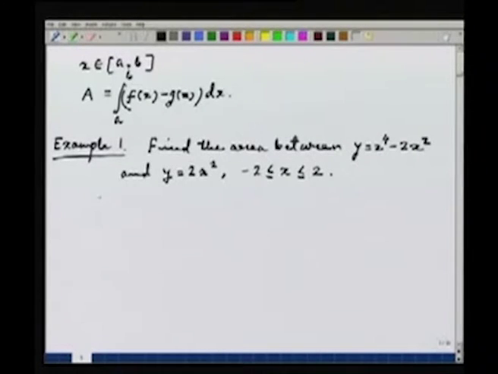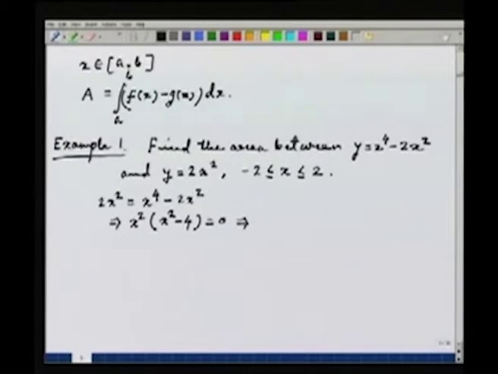Now first note, what are the points of intersection of these two curves? That is, suppose I put 2x square equals x to the power 4 minus 2x square. This would imply that x square into (x square minus 4) equals 0.